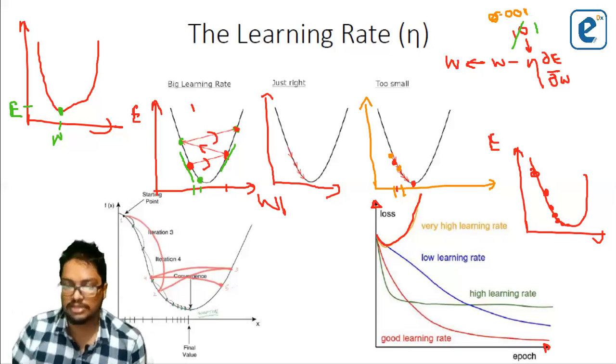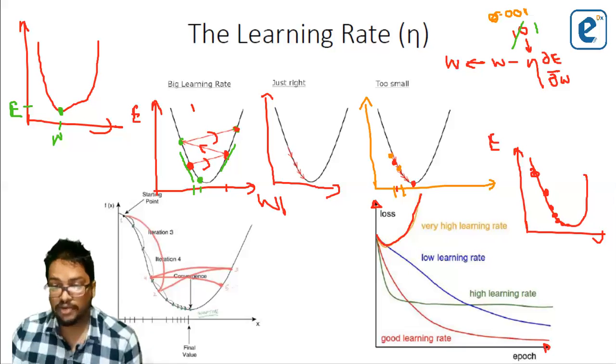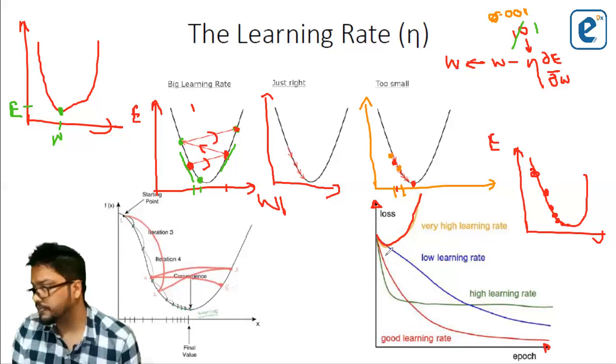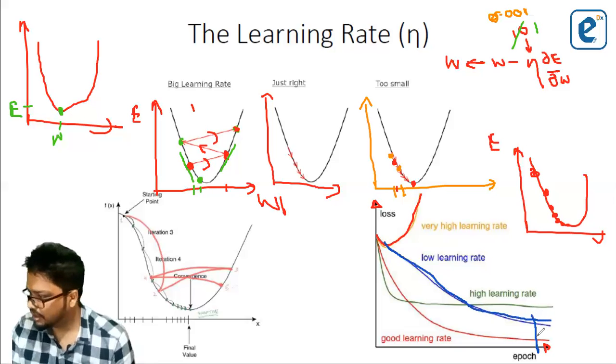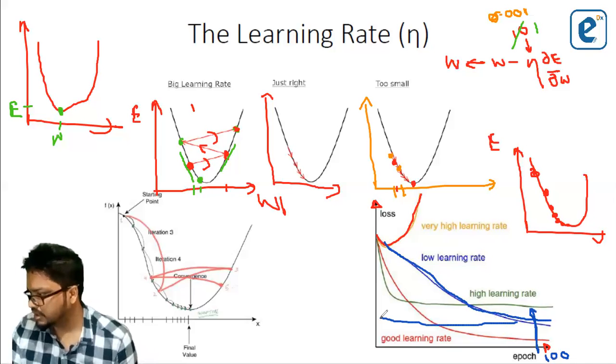Okay, so what happens when the learning rate is too small? It's going to minimize its loss, right? You can see the loss decrease, but let's say this is epoch 100. The loss here is greater than the loss here.